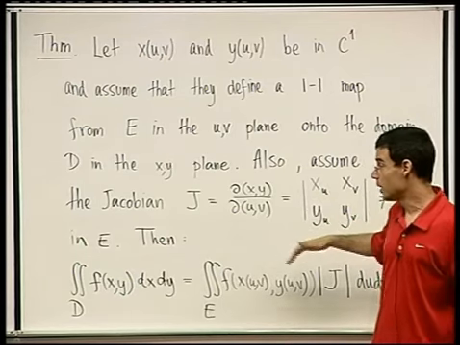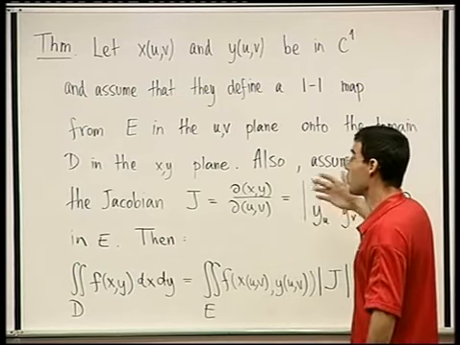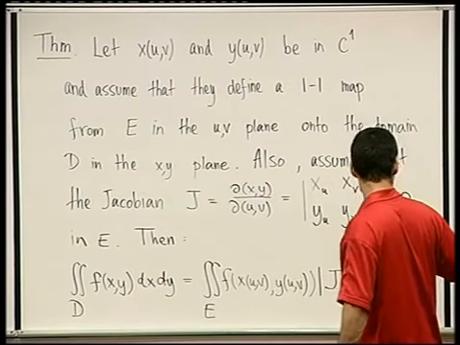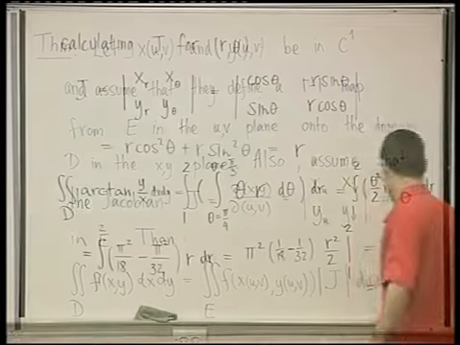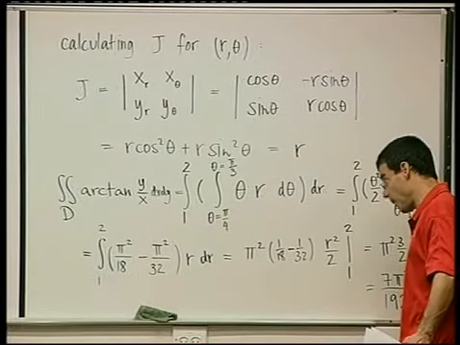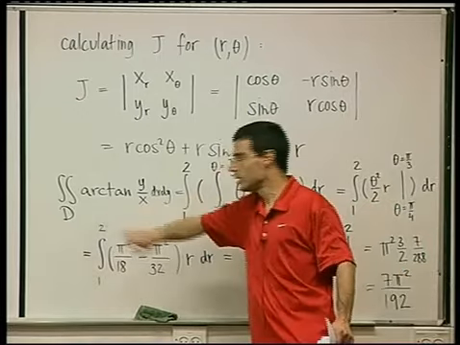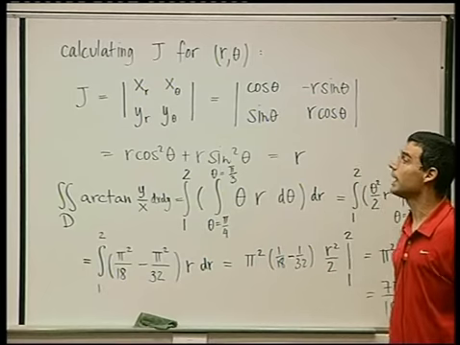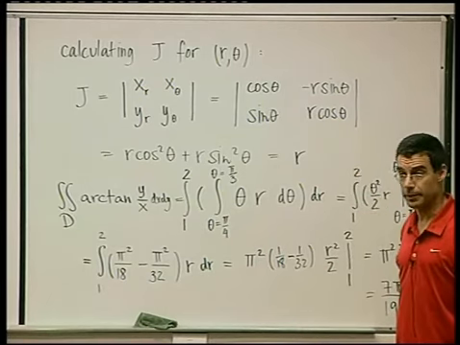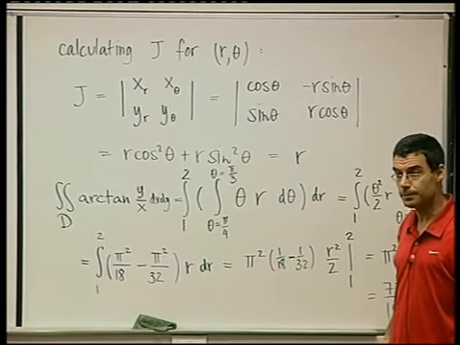Clear? Okay, so all the requirements of the theorem hold. Therefore, the change of variables which we did here was legitimate, and therefore the calculation by which we got this number is in fact the number that is the double integral of arctan of y over x over that part of the ring. Clear? Good?